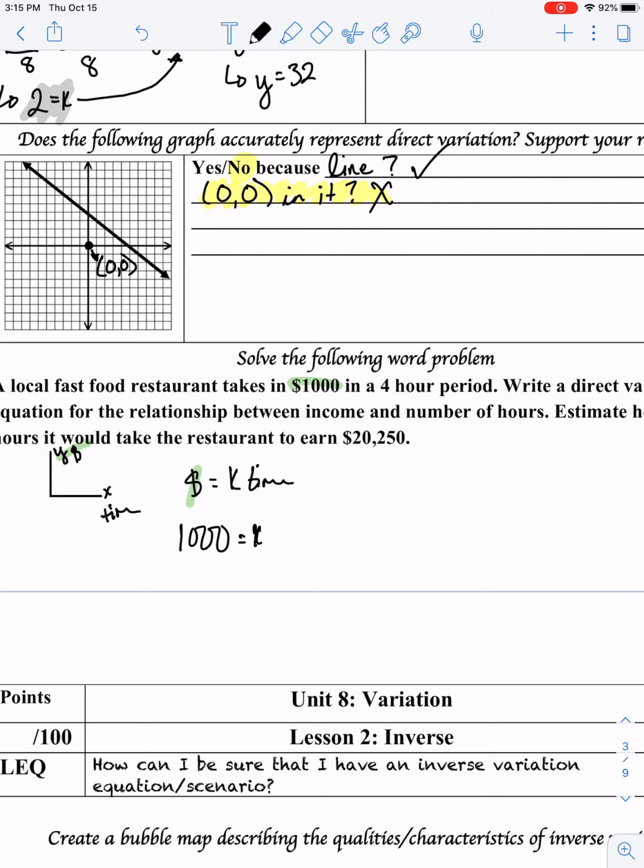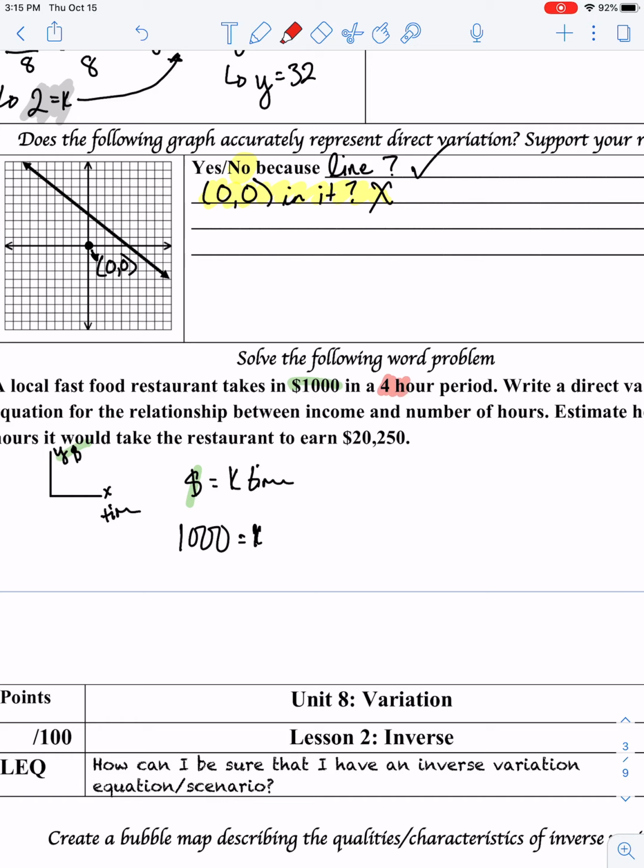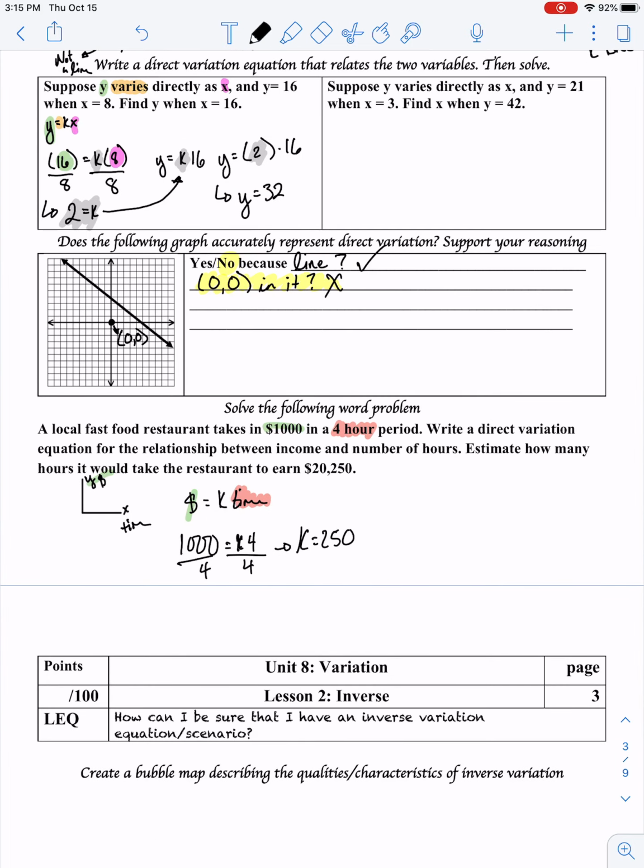Remember, we solve for the constant first 99.9% of the time, unless it already tells you. Get K by itself. So K is equal to 250.